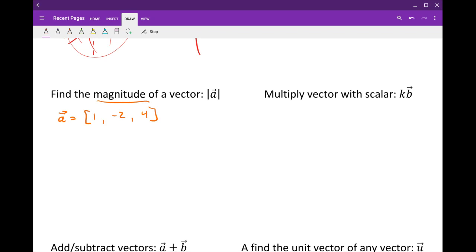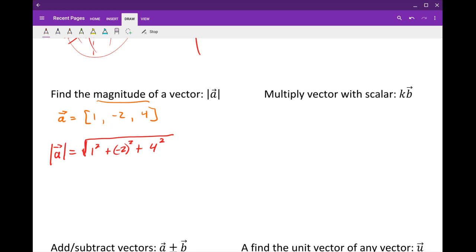It turns out you can determine the magnitude of this vector by doing 1 squared plus -2 squared, and bang, you just put the 4 right onto the end there. This is the three-dimensional Pythagorean theorem, if you will.